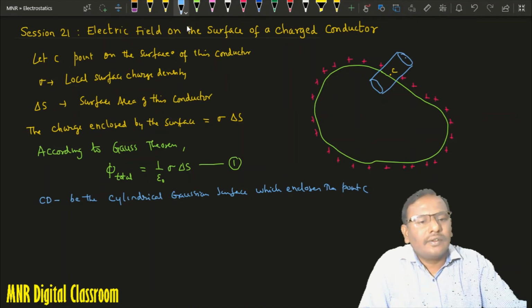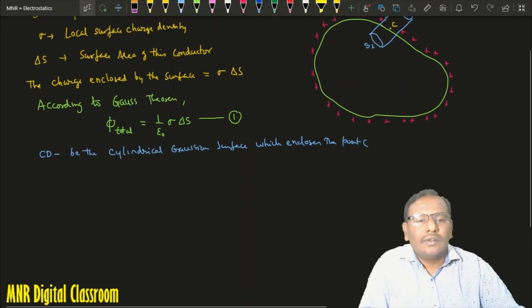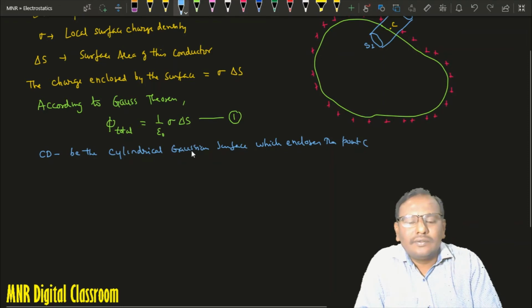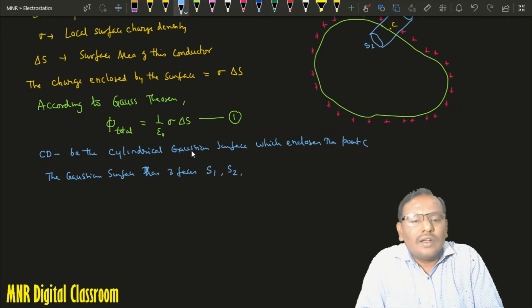The surface S1, for which both the electric field vector and the normal are in the same direction, the second surface S2 and the third surface S3.